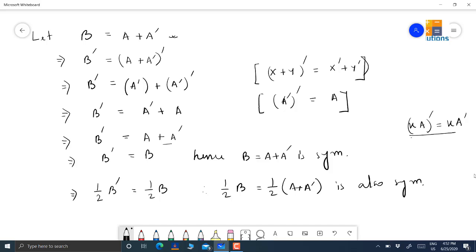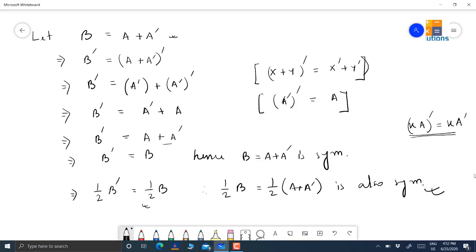Yes or no? If this property is followed, then it is very clear that this matrix is also symmetric. If any matrix is multiplied by any scalar term, its symmetric property does not vanish. So the first part, half of A plus A dash, is proved to be symmetric.